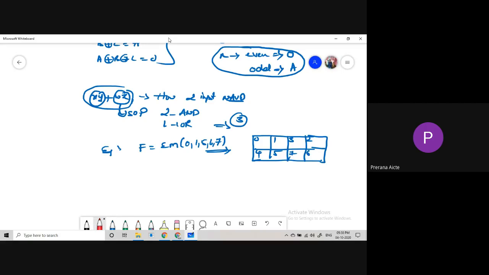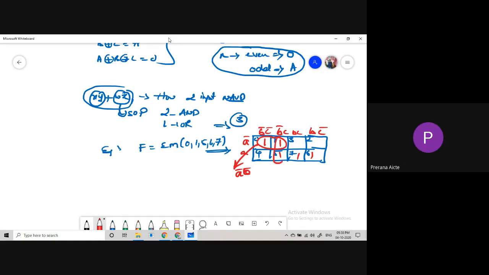What are the minterms here? 0, 1, 5, 6, 7. So this one is A bar B bar C bar, A bar B bar C, A B bar C, A B C bar, A B C. If we take these two terms, we get A bar B bar.